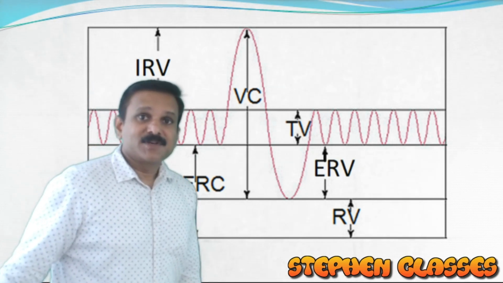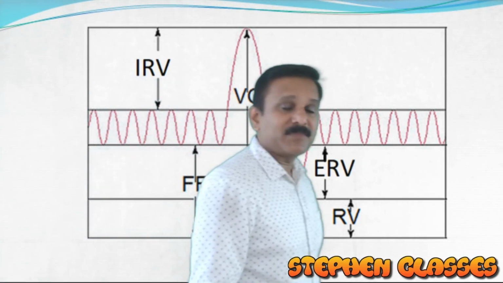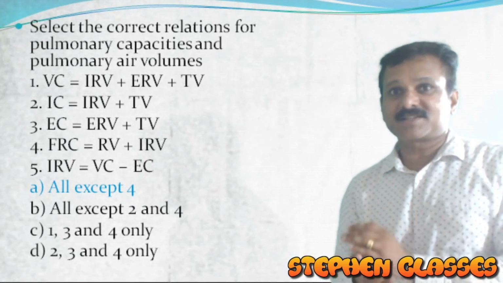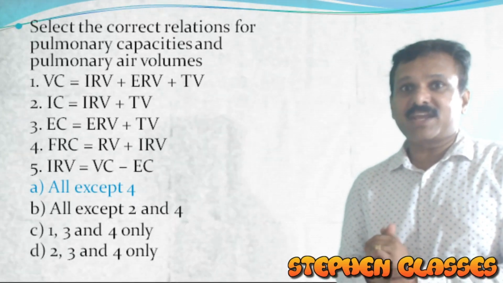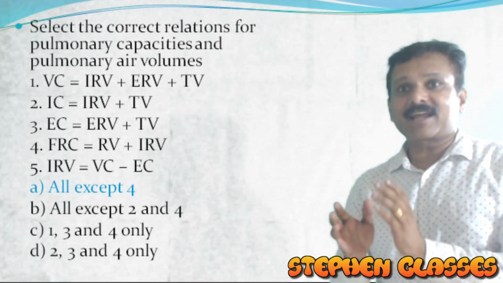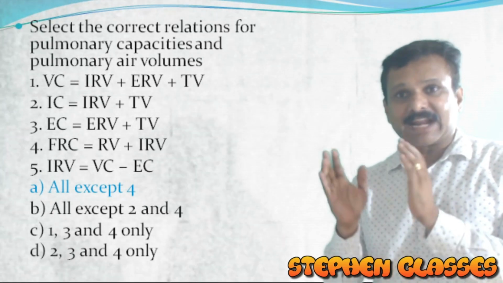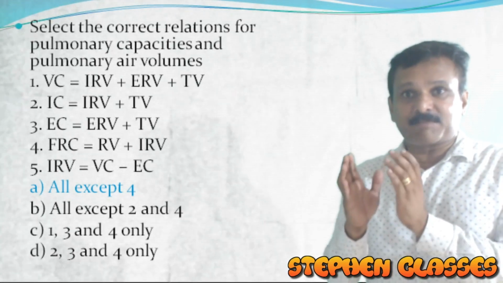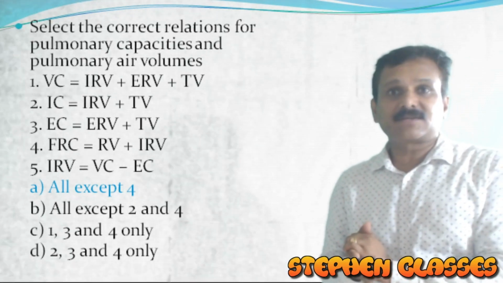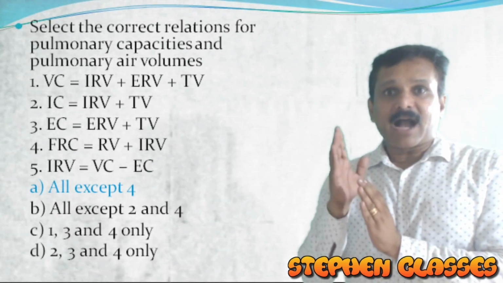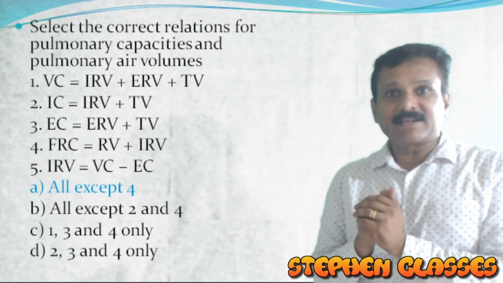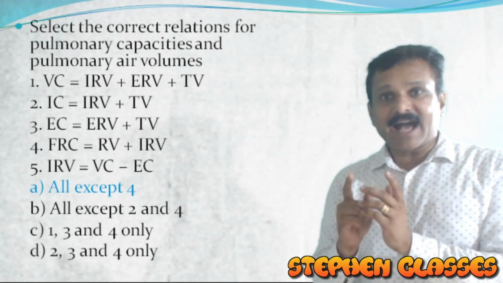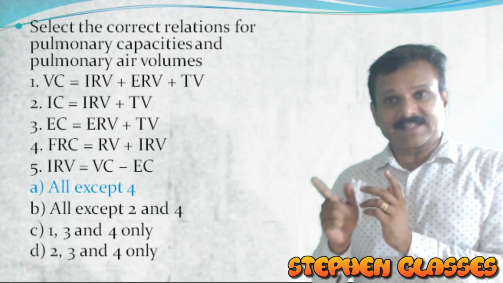You got it? So we have a question for you. Here in this question, you can see options 1, 2, 3 and 5 are correctly matched because the relations are correct. VC is equal to IRV plus ERV plus TV, and like that IC is equal to IRV plus TV, then EC is equal to ERV plus TV, and also IRV is equal to VC minus IC.